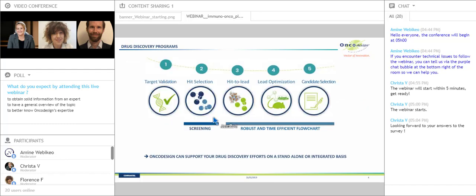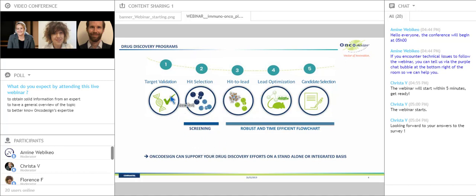Whatever your program is, you usually have to go through different phases, which are summarized on this slide. Phase one is the target validation, in which you find your target of interest that might influence the prognosis of the patient. Then you enter a hit selection phase, in which you screen a bank of molecules to find a hit.